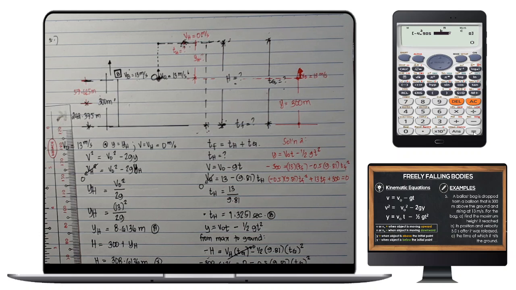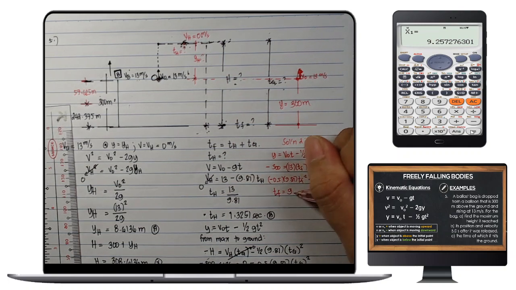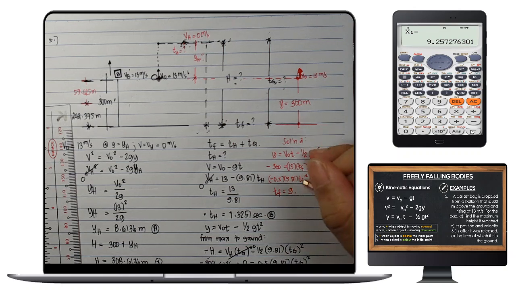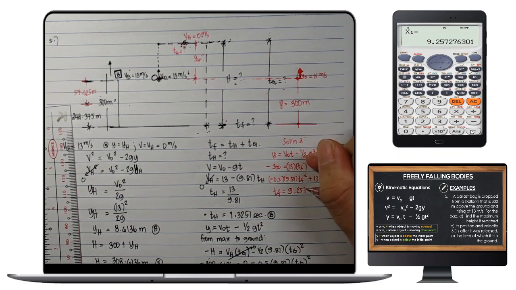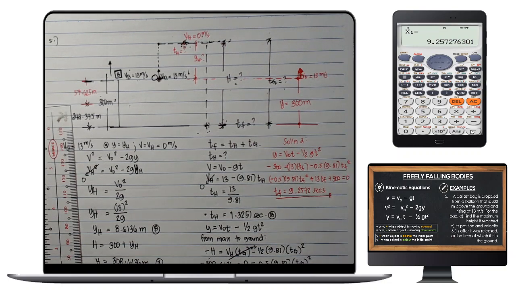Then, 13, yun yung velocity natin. Then, let's use negative 300 equals, so, positive 300 pala ito. So, this is positive 300. And we will arrive with the value of the time of flight. So, time of flight natin, we have it as 9.2572. 9.2572 seconds. So, parehas na parehas nung na-solve natin kanina.